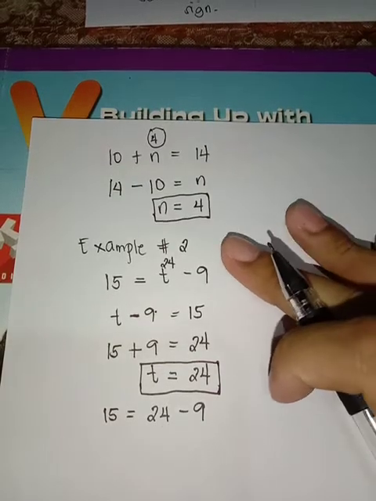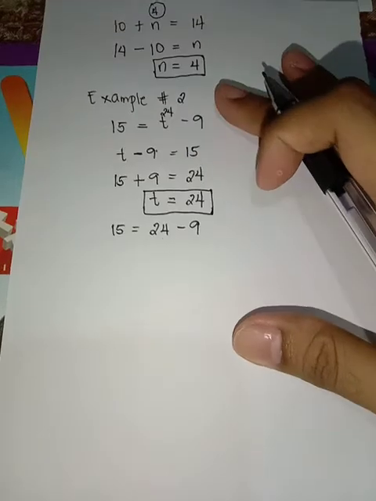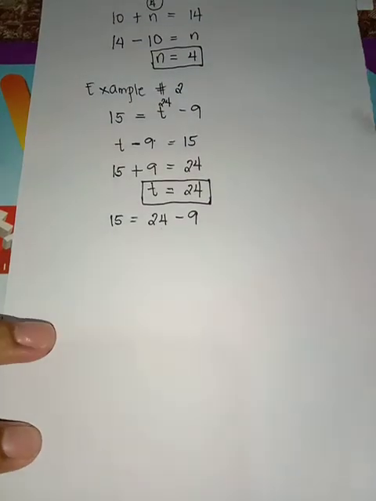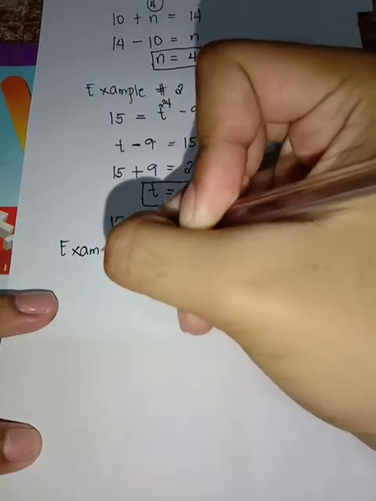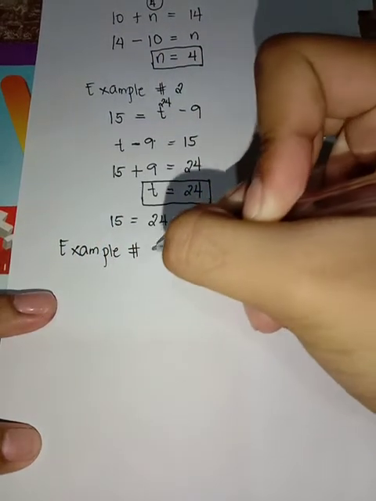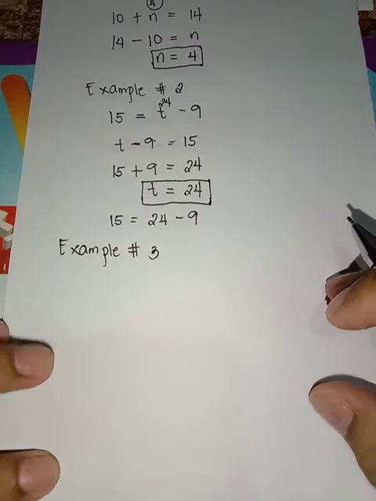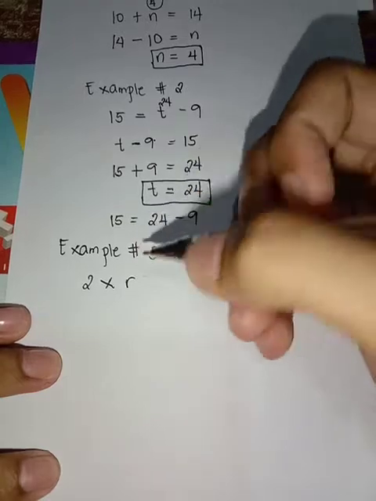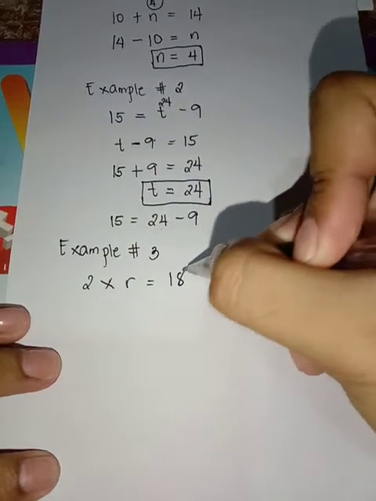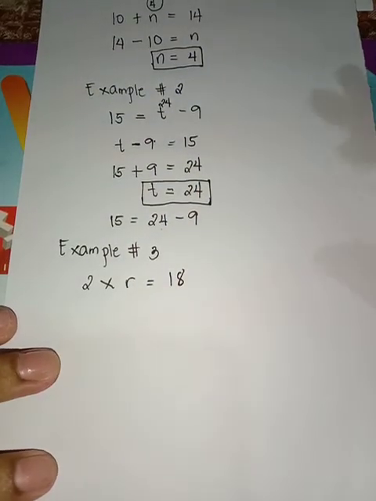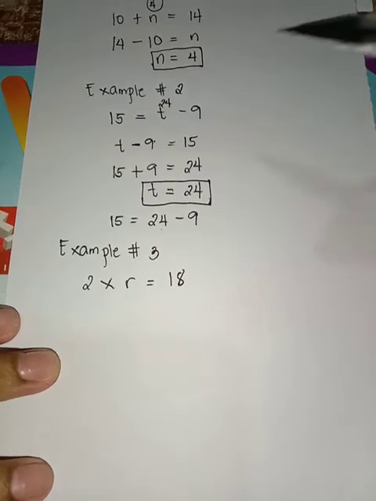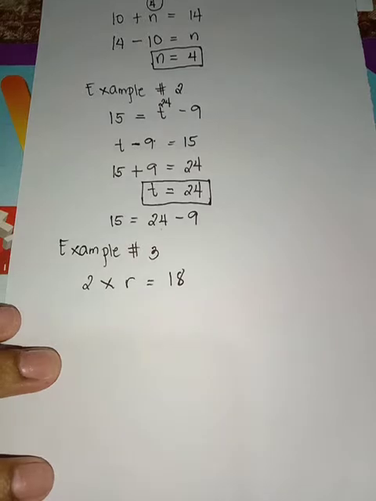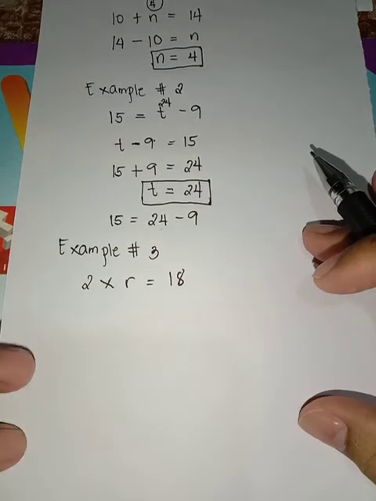Okay, so let's have another example. Example number 3. What if I have here an equation 2 multiplied by r is equals to 18? Since we already know that this is a multiplication sentence, the letter r is the missing factor or the missing number.